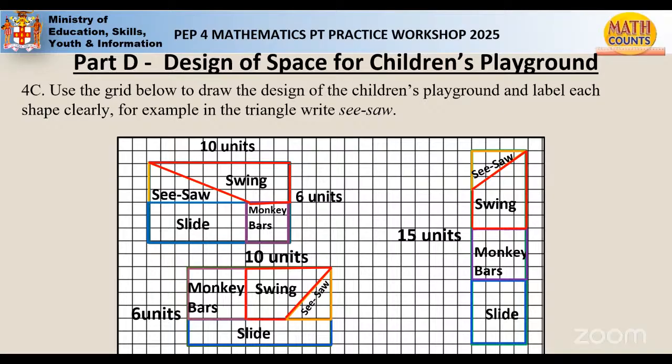To draw the rectangle? No, for the one that said dimensions. Wait, let me go back. What about the dimensions? That you should pick one of the dimensions using the 4 units by 15, that one? Yes, Miss, I didn't understand what you meant by dimensions. Oh, you understand now? Yes, Miss.